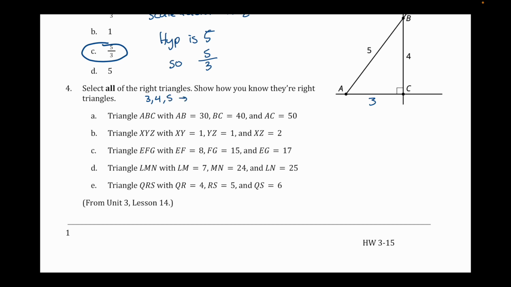This is also any multiple will work. And if you notice, I have 30, 40, and 50 as my top choice. That is actually 10 multiplied by 3, 4, and 5. And this one I guarantee will work.